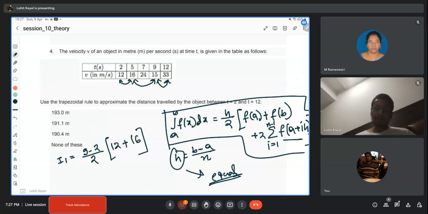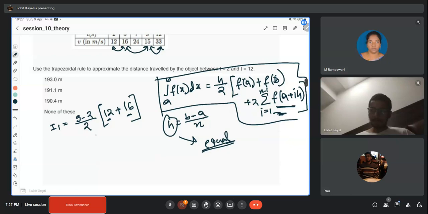Now here I don't have any other intermediate points, right? A is the first point, B is the last point. So only these two terms will come. This term will not appear. So what will be the result? This value is equal to 42.